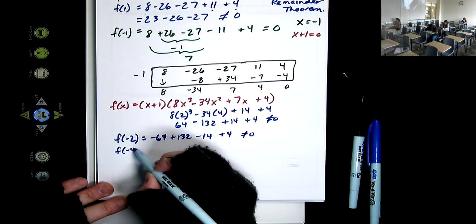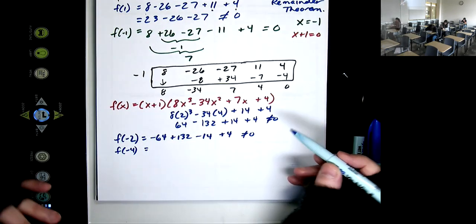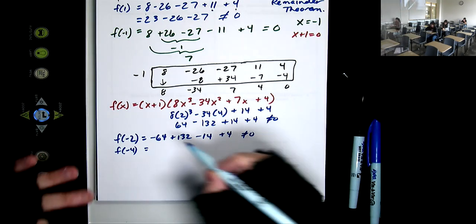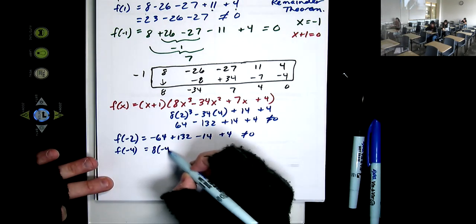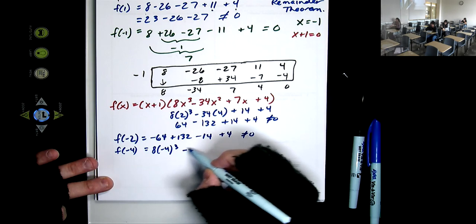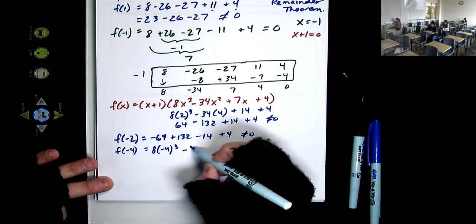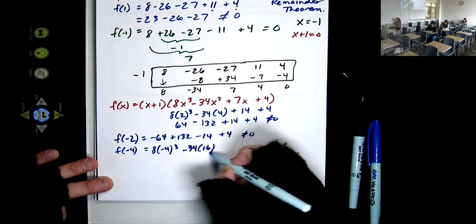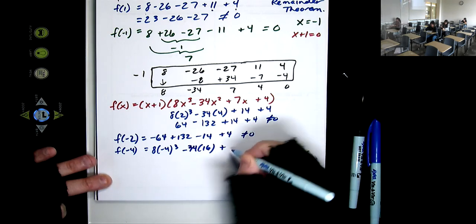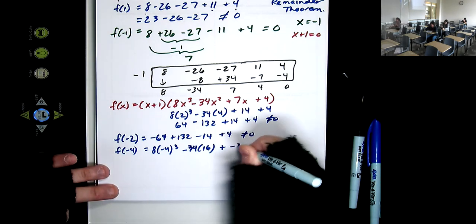F of -4 is going to be even worse. Sometimes -4 is -28 plus 4.